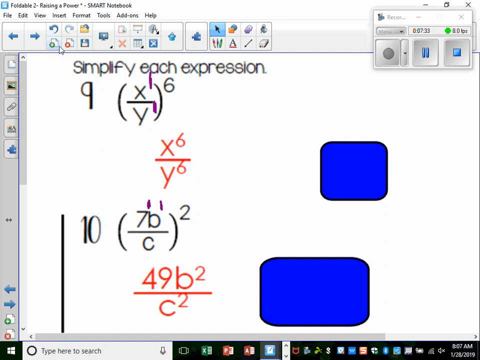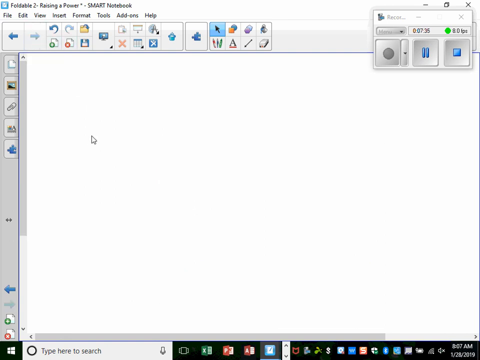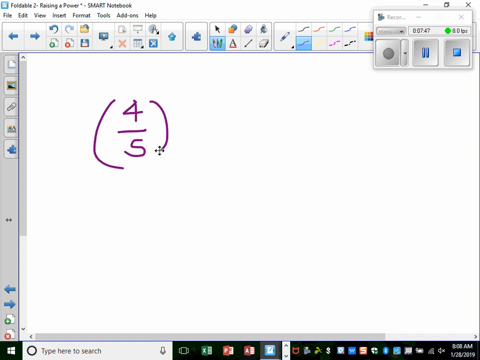Okay. So I'm going to add a couple for you. So you could add this. What if we just had a fraction? Let's say 4/5 to the second power. Okay, add this to your foldable, please. So again, every number has an exponent. The invisible exponent is 1.